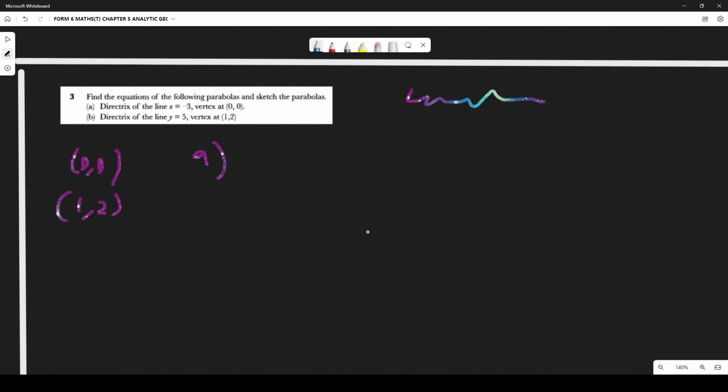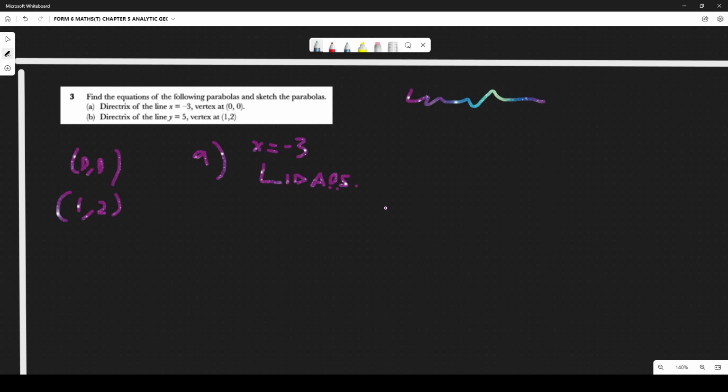Okay, for A, when they say the directrix is x equals negative 3, what this actually means is that the axis of symmetry, let me write this as AOS, is horizontal.